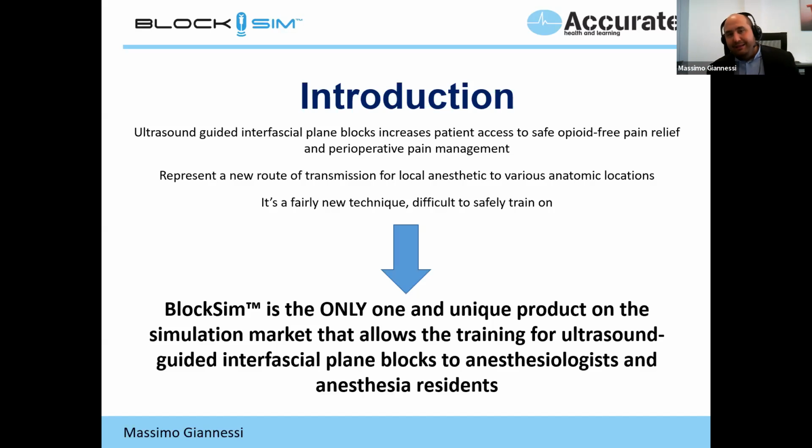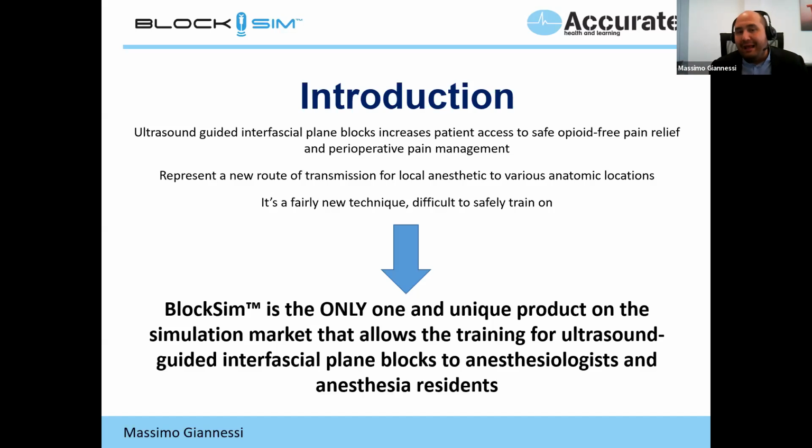So lately, around 2018, 2019, we had the increasing usage of interfascial plane blocks, blocks between fascia layers between muscles. These blocks are mainly for analgesia, so for pain management after the surgery, but lately they became more and more popular for anesthesia, so also during the surgery.